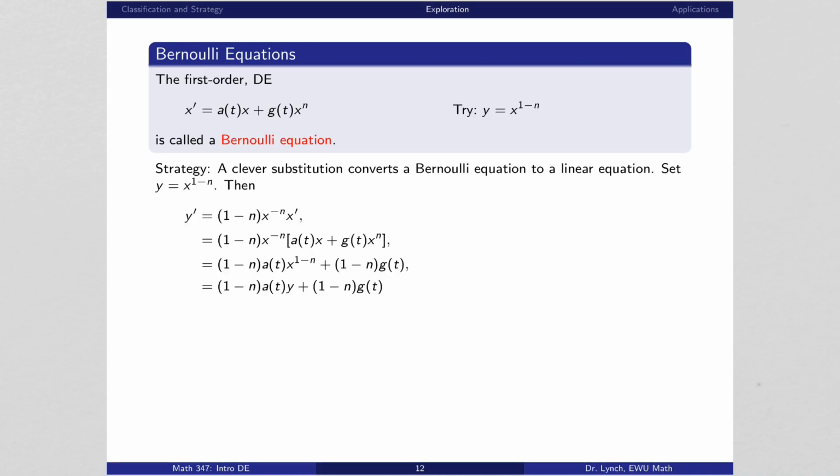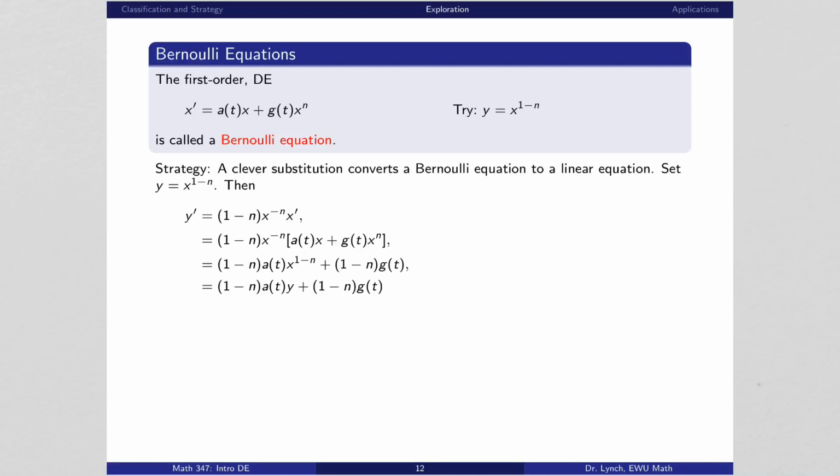The substitution is: try y equals x to the power 1 minus n. If y is x to the 1 minus n, we can use the chain rule to differentiate y with respect to t, and that's what we see in the first equation here. y prime is 1 minus n times x to the minus n. That's just the power rule, and the chain rule gives us times x prime.